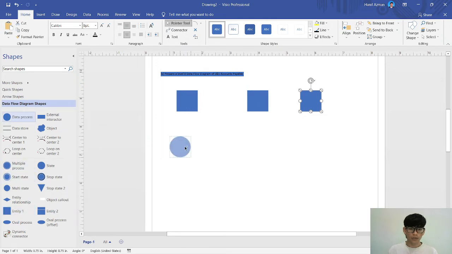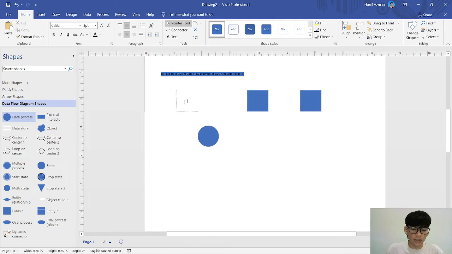And then I will put a data process here, known as a transformation process. A transformation process is the action that transforms data into other data or information.